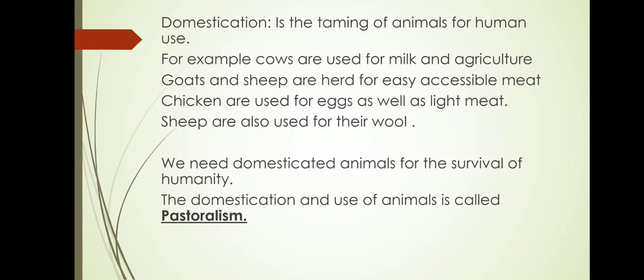And what is domestication? Domestication is the taming of animals for human use. Now you might ask yourself, what is this taming? Taming simply means to change the behavior of something for your use or to complete a purpose.